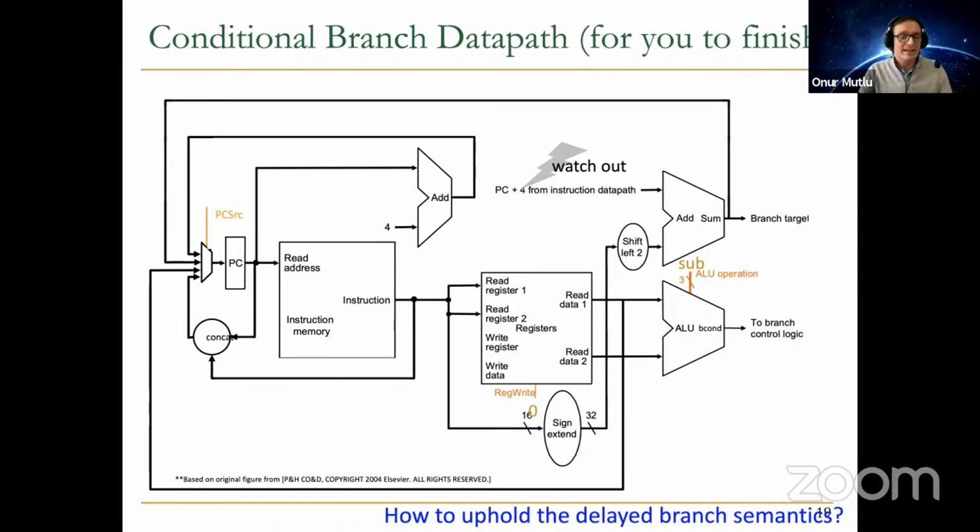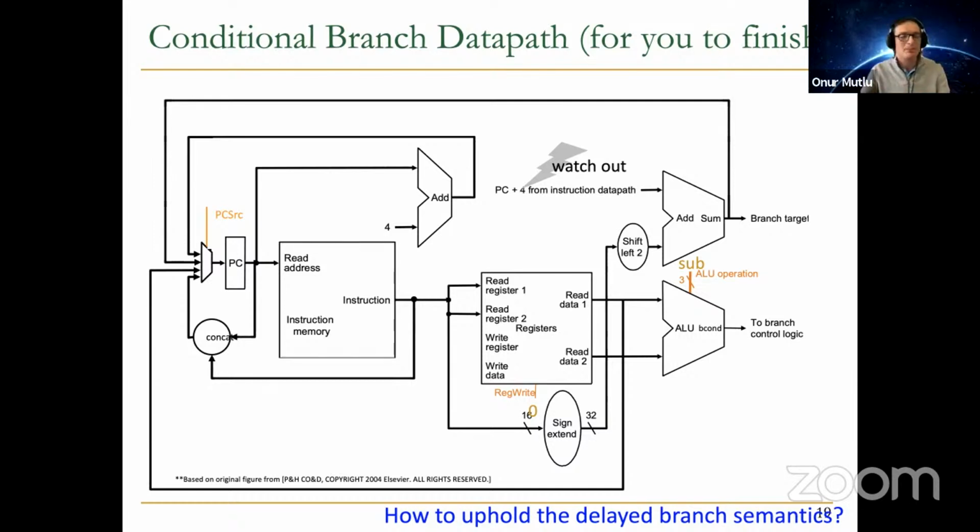So there's one thing that we are going to ignore for now: delayed branch semantics. Delayed branch semantics is something that we will discuss. Basically, MIPS has this unfortunate artifact, which is that the branch target address gets into the program counter not in this cycle, but in the next cycle. And we will discuss why that's the case, so that you can actually put another instruction into the pipeline without knowing the target address of the branch.